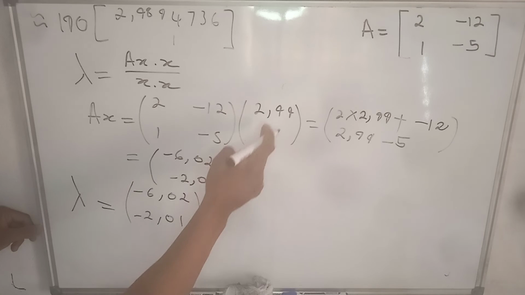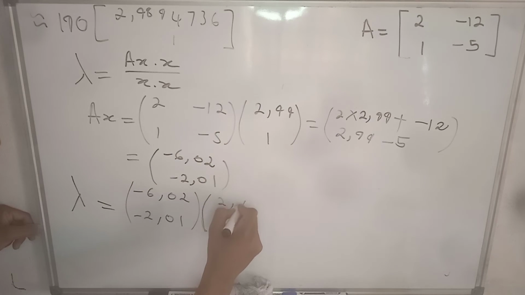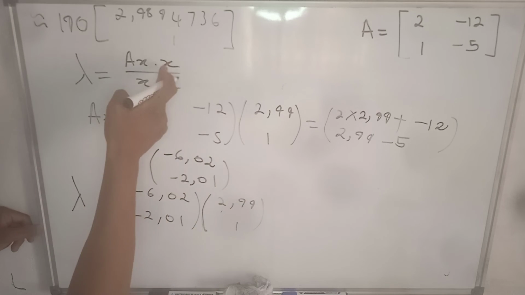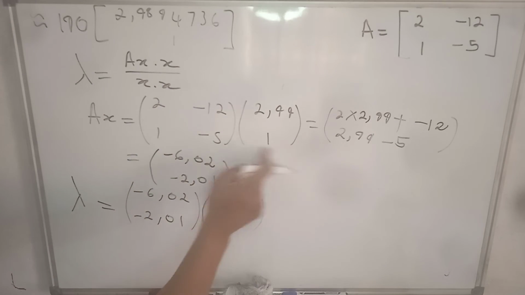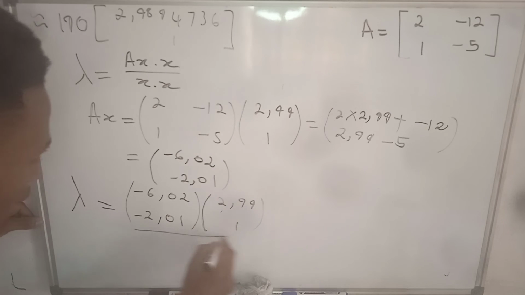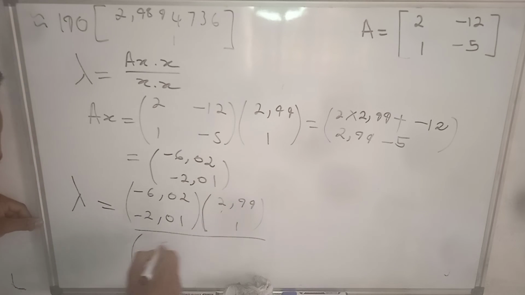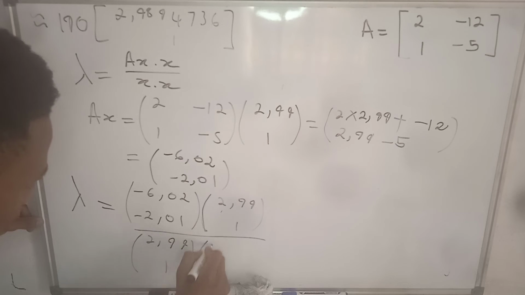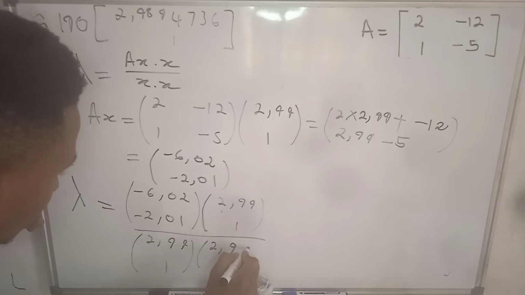Multiplied by this one, 2.99 and 1, because our x is our eigenvector, and our eigenvector is this one. Below, we are going to divide by 2.99, 1 times 2.99, 1.